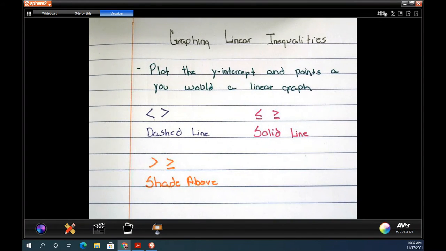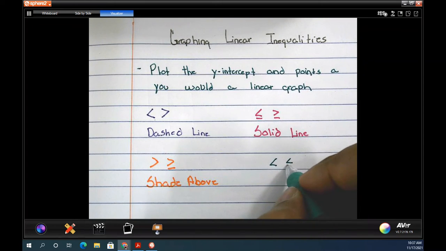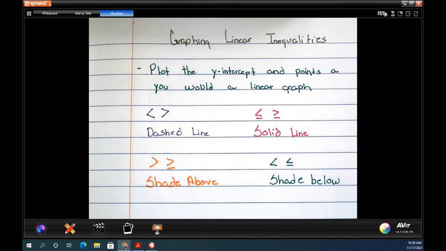Now, if it is less than or equal to, shade below. If you're less than somebody, you're below them. That's what you have to keep in mind.